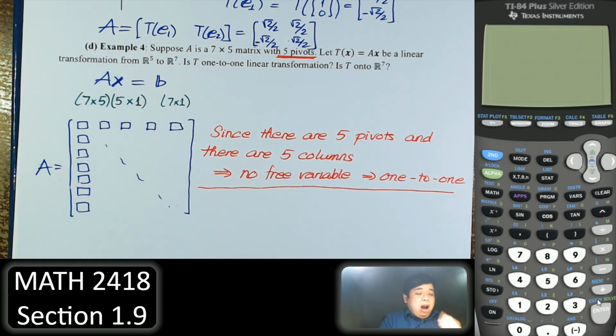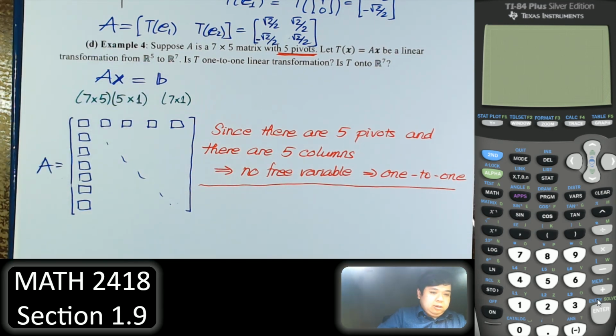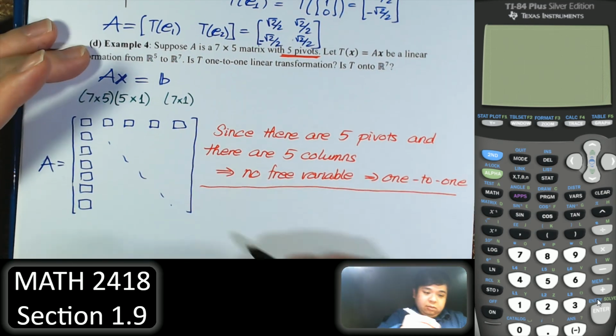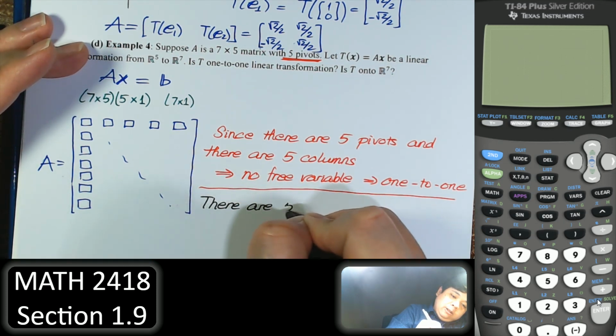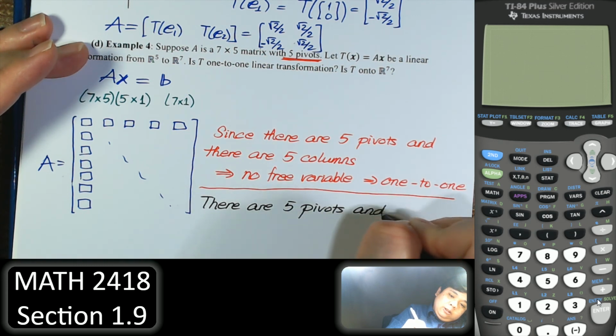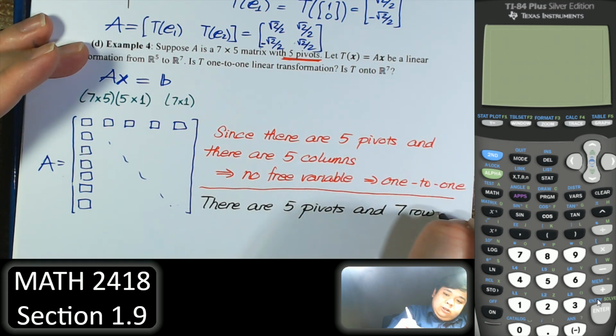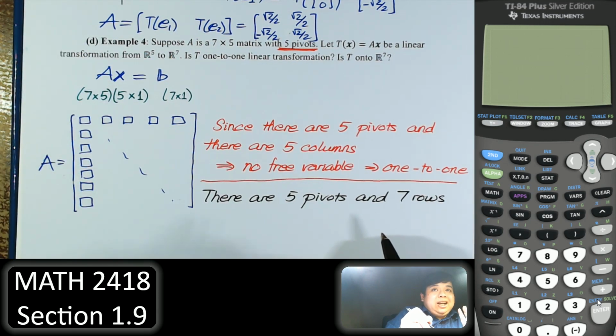Next, there are 5 pivots and there are 7 rows. So there will be 2 rows that have no pivot.